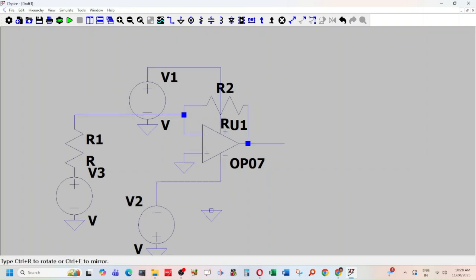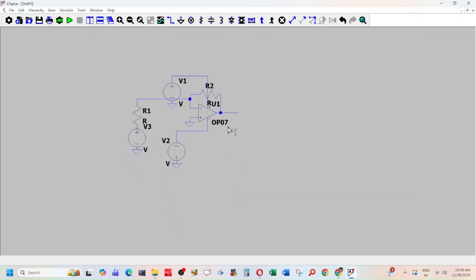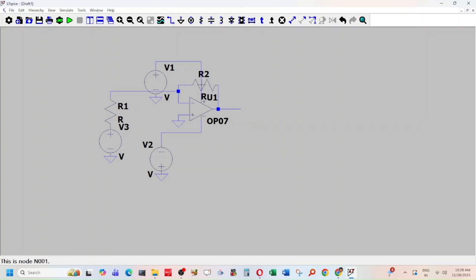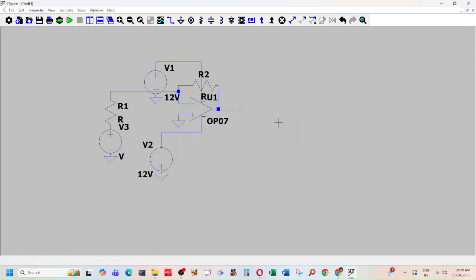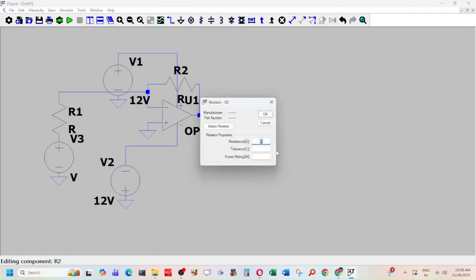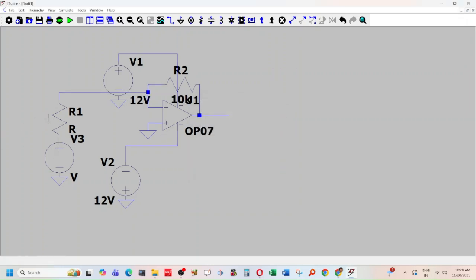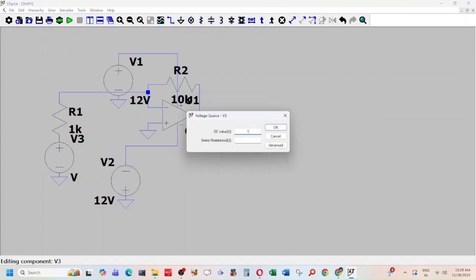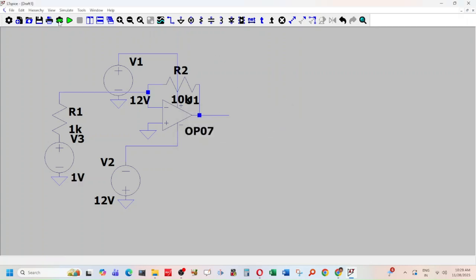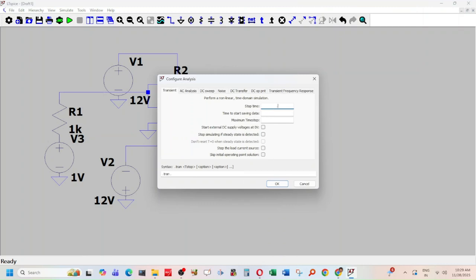Take the value as 1 volt DC. Make the simulation as transient and stop time as 0.01 seconds.